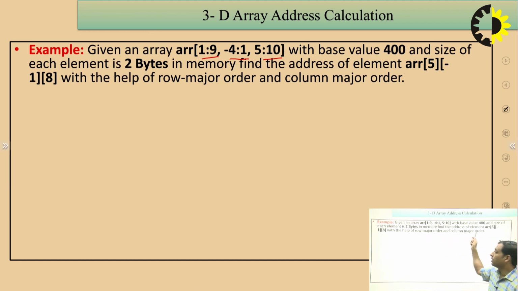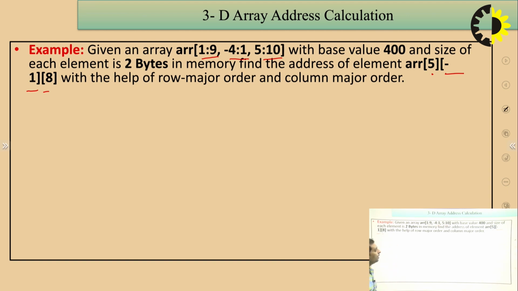Find the address of element ARR. Desired page has index 5, desired row is -1, and desired column has index 8.